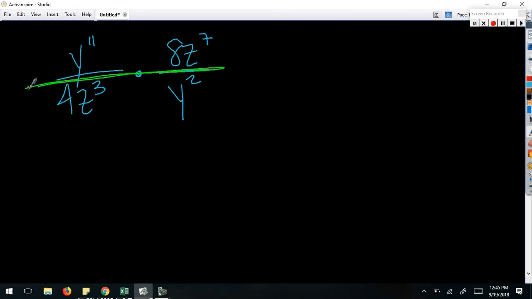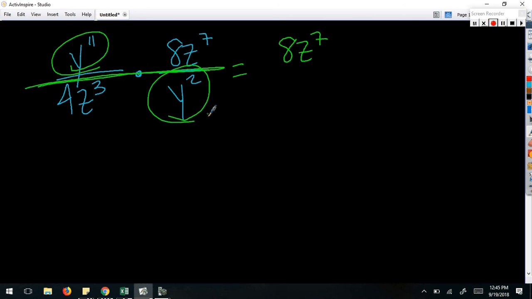Does that make sense? Okay. What pops out at you first? The y's. Okay, which is the division. So up top I've got 8z^7, and I've got this y^11 and y^2, so I need to subtract. What's it leave me with? Over, so I've used those, 4z to the third.